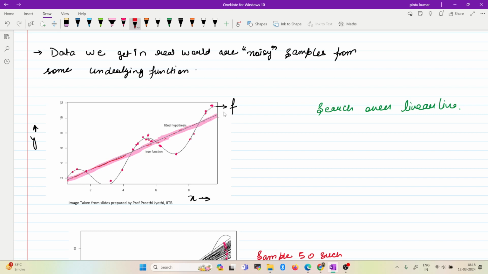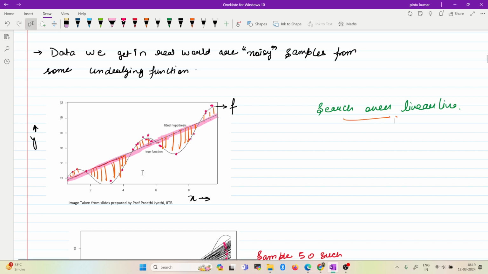You can see that there is some error. So this much area is the error that we have made. Just remember that we will be making some error if we just search over a linear line.